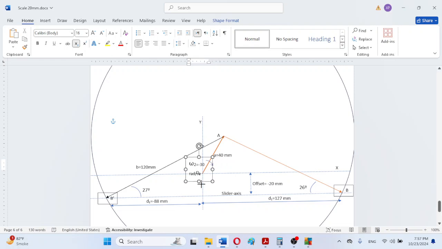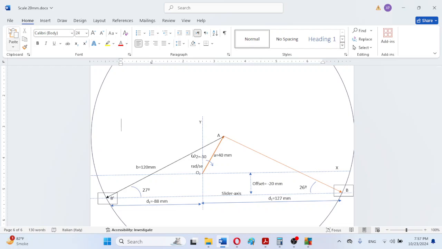In this way the input velocity is given. As we can observe, it is rotating in the clockwise orientation.